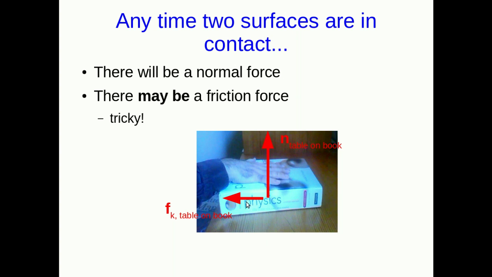When I was sliding this book across the table, there was a normal force up due to the table. And the table also exerted a kinetic friction on the book. But remember how I was pushing that book. I was pushing down, so there was another normal due to my hand. And I was pushing it using a friction force, which turns out to be a static friction force because my hand wasn't slipping on the book.